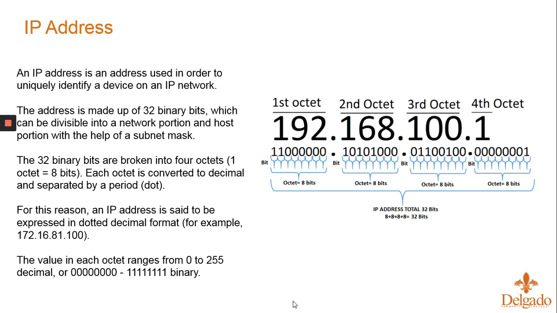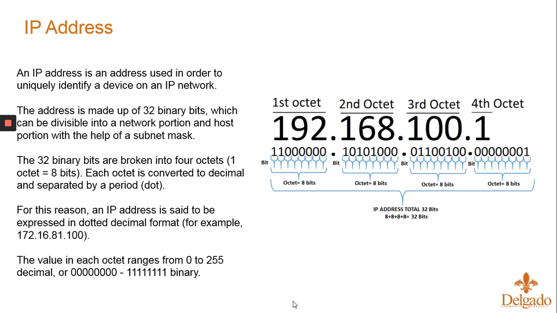These 32 bits are broken into 4 octets, as they're known. One octet is 8 bits. Since nobody really knows how to decipher a binary number easily, we always refer to our IP addresses in a decimal format, usually separated by a period or a dot.